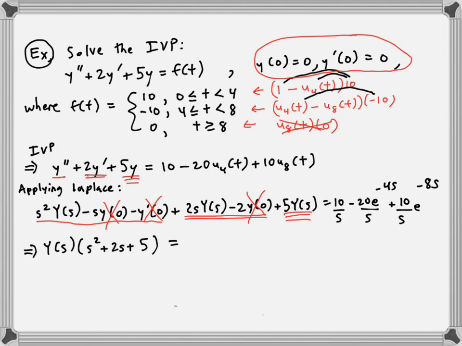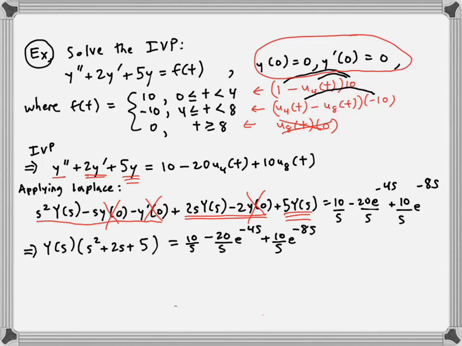All of that is equal to 10 over s minus 20 over s e to the negative 4s plus 10 over s e to the negative 8s.